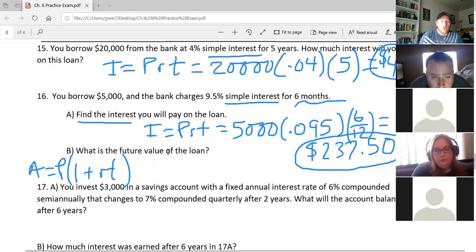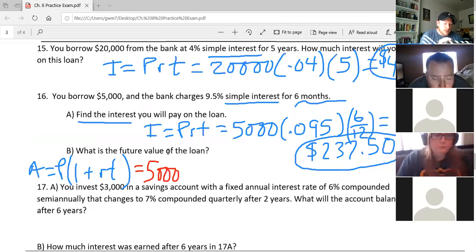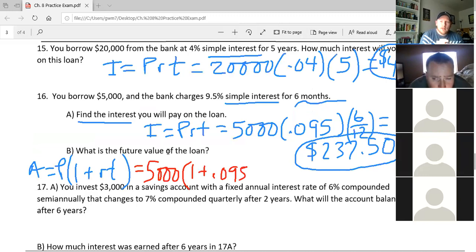I'll go ahead and show the first way, and then I'll show the easier. So principal was 5,000 times 1 plus the rate times the time here, again, was 6/12, or 1/2. And when you plug that in, it is $5,237.50.